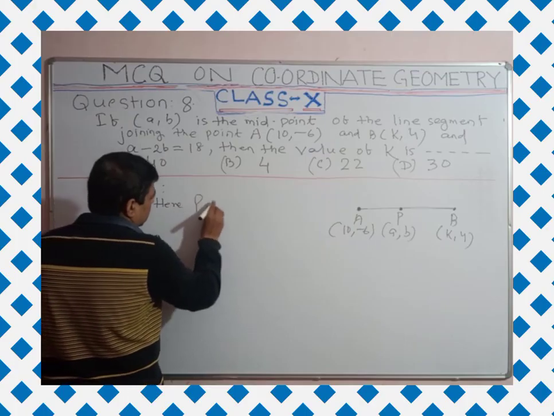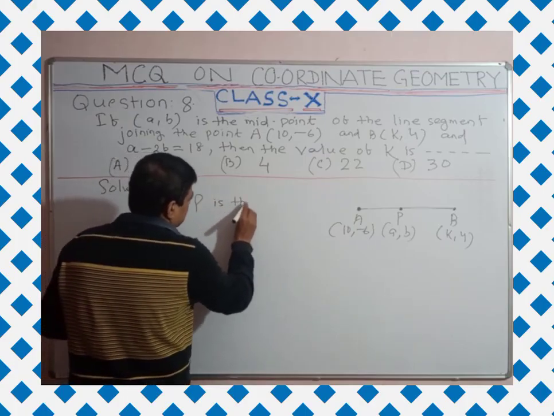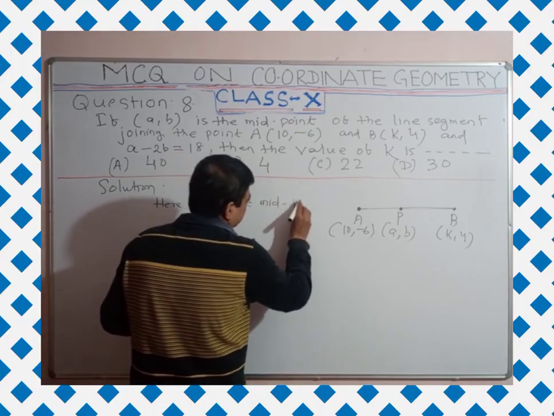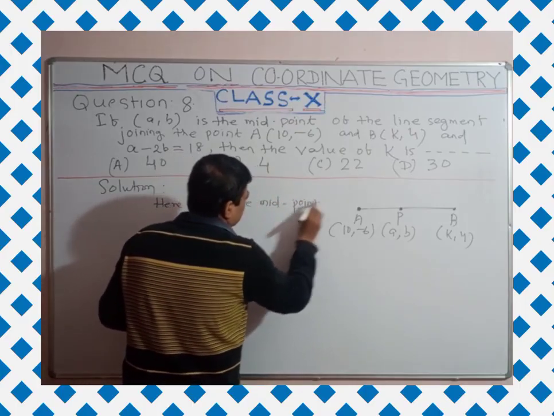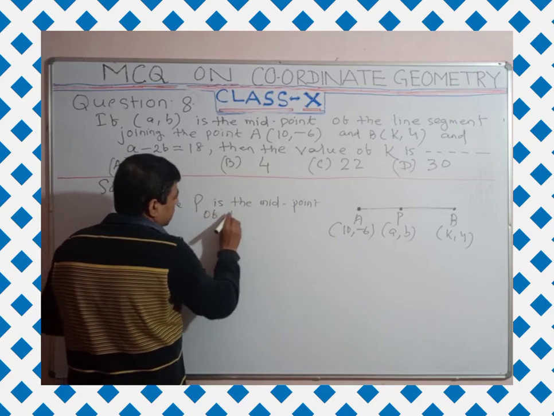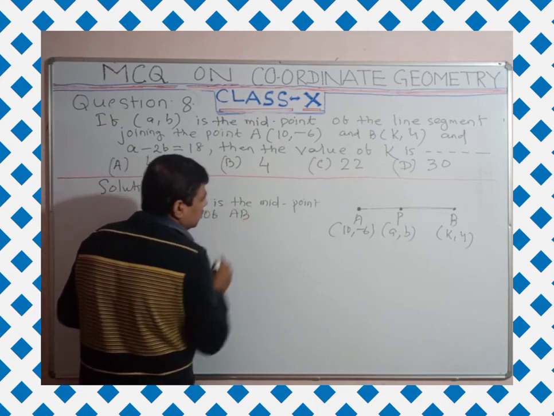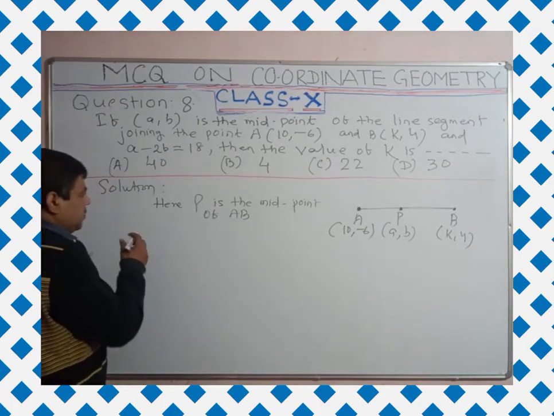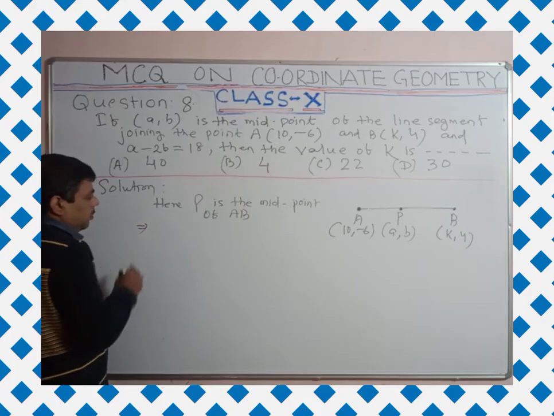So here P is the midpoint of line segment AB. Since P is the midpoint, you can use the midpoint formula.